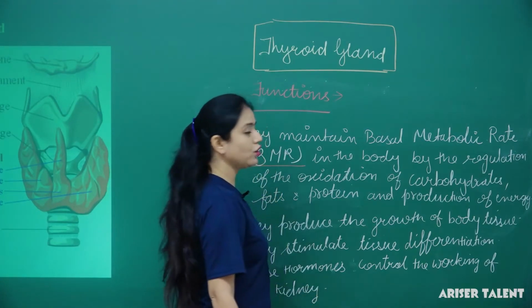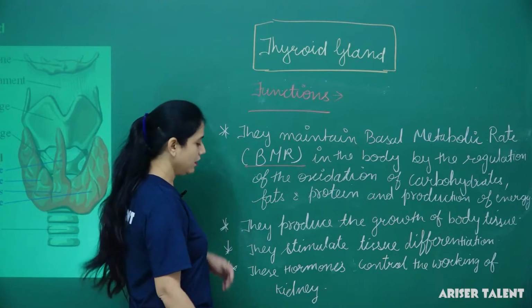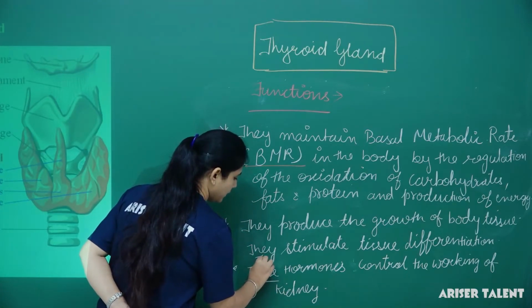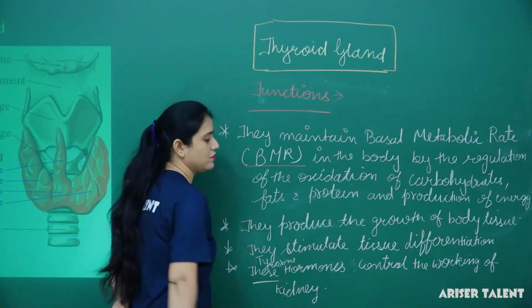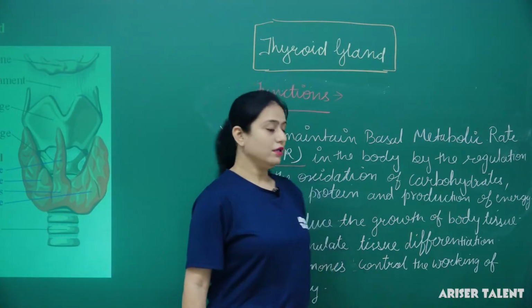Okay, generally which hormone? Thyroxine. Here we can mention that thyroxine hormone controls the working of kidney.